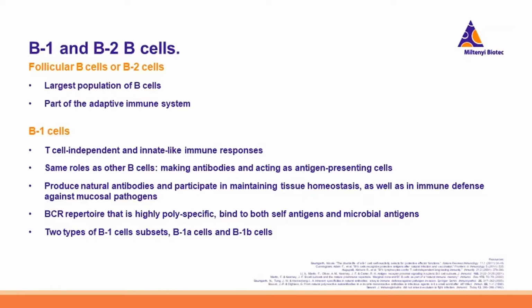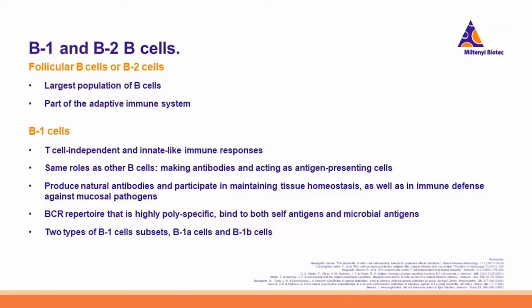But we also have the B1 cells, which are T cell independent, and they have a more innate-like immune response. They play the same role as the B2 B cells, so they make antibodies and act as antigen-presenting cells, but they produce more natural antibodies, and they also participate in the maintenance of tissue homeostasis and play a role in the immune defense against mucosal antigens.